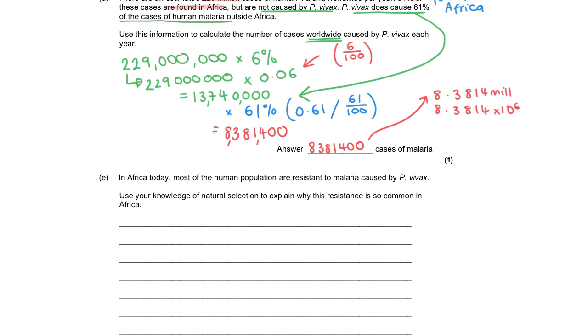You could have written 8.4 million, or 8,400,000. Is that the right number? Yeah. Or 8.4 times 10 to the power of 6. I'm not entirely sure why they rounded it to the 8.4 million, but, you know, we're not going to complain if the mark scheme gives you more opportunities to get a mark.